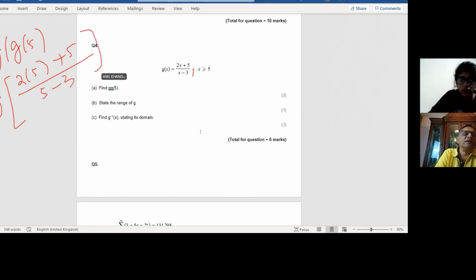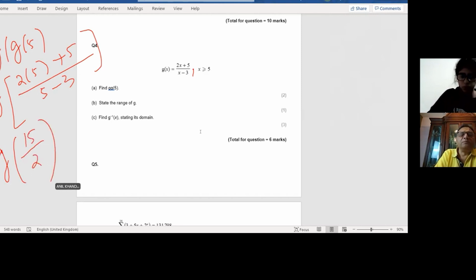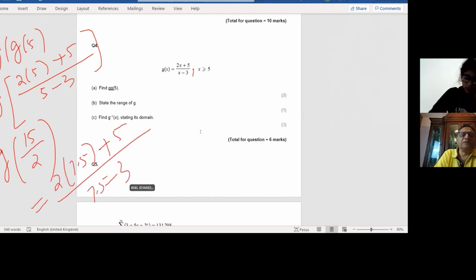So 2 times 5 is 10, 10 plus 5 is 15, over 2, that's 7.5. So plug in 7.5 now, which equals 2 times 7.5 plus 5 divided by 7.5 minus 3 to get your answer.